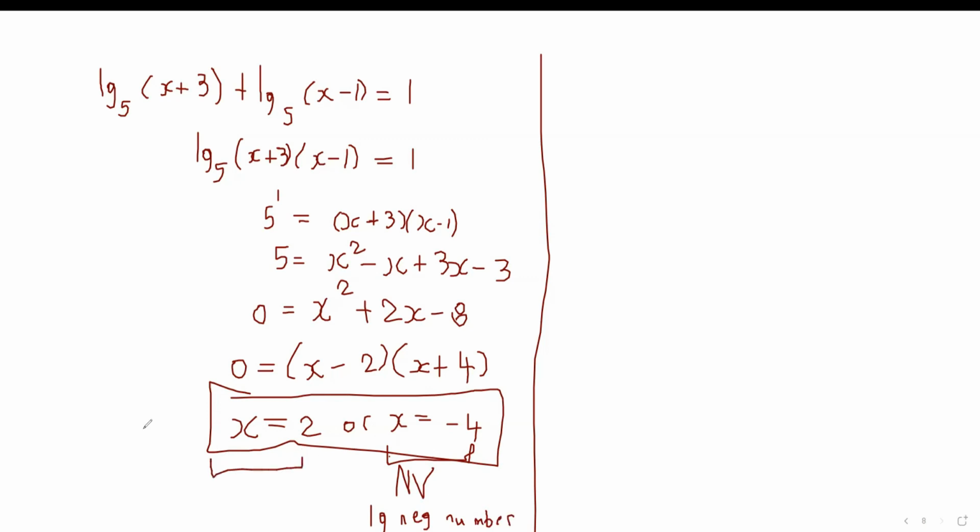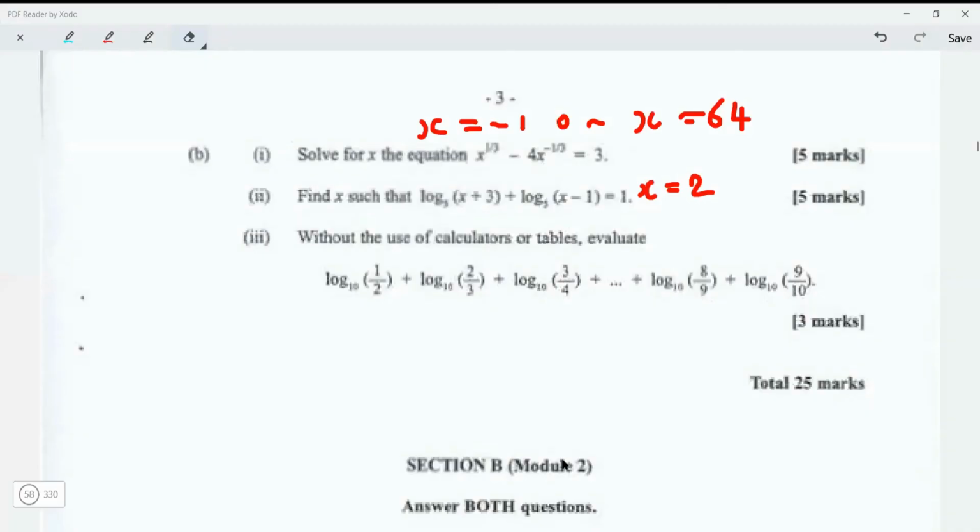This is the answer, x equal 2. When I went back on the question, I quickly noticed that if I were to put in minus 4 up here, that would be negative, but we can't find the log of a negative number. So just to verify it with you, I'm going to show you on my calculator. Look at this.